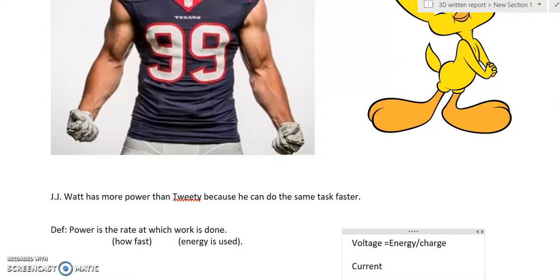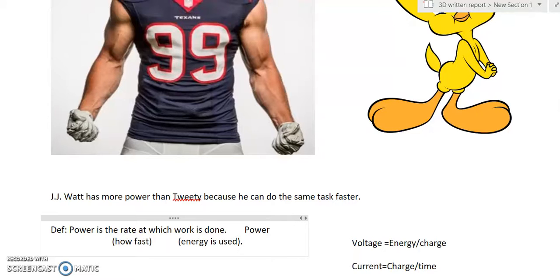Current is charge over time, how fast the current is flowing, right? Now, when you look at power, if you're looking at how fast energy is used, then power is just energy over time.